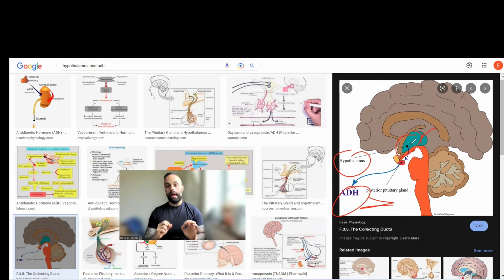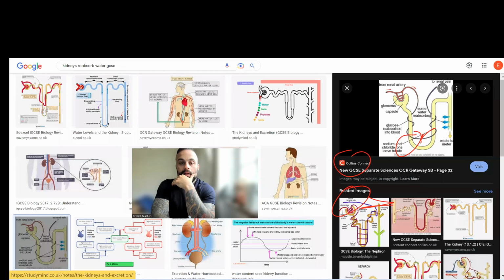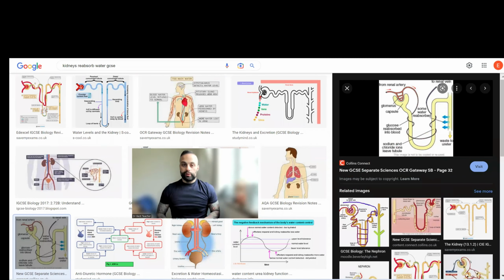Now the target of the ADH is actually in the kidneys. What the kidneys are going to do is make the walls of the kidneys more permeable to water. Basically, water will be reabsorbed back into the blood. So your brain is constantly monitoring if you need to release ADH.